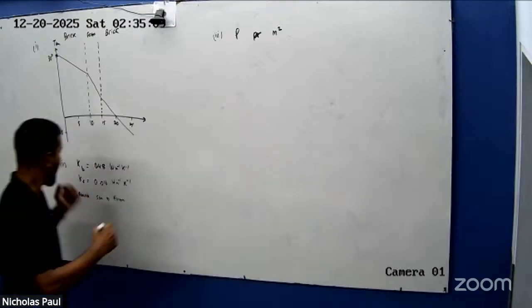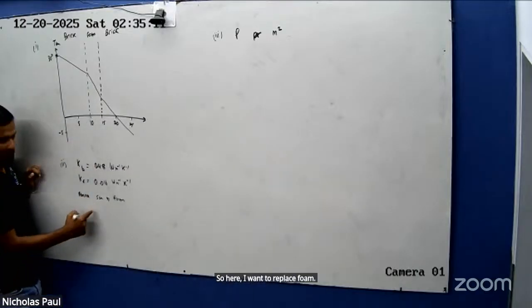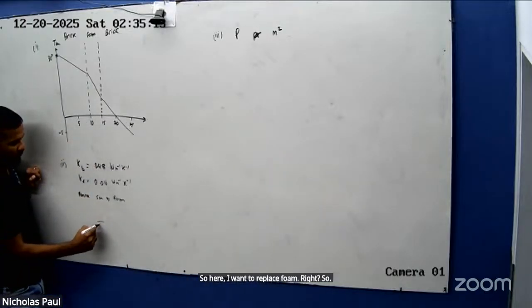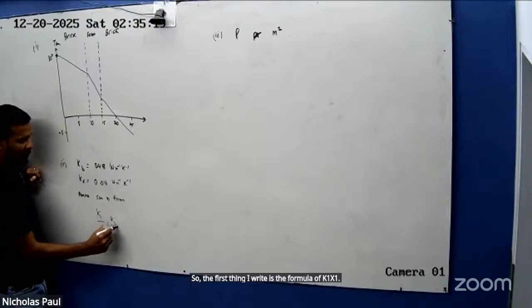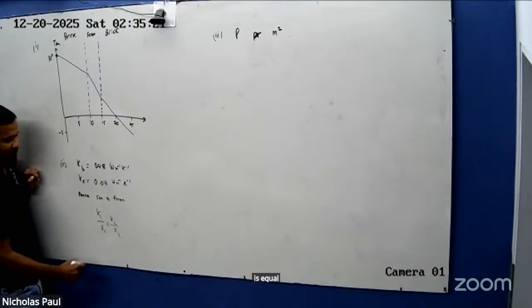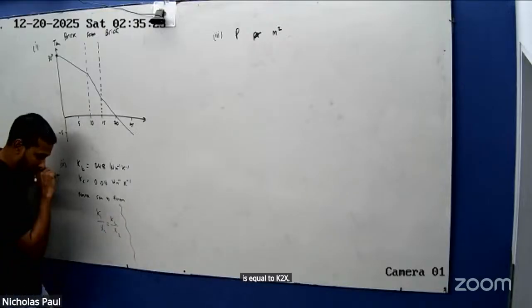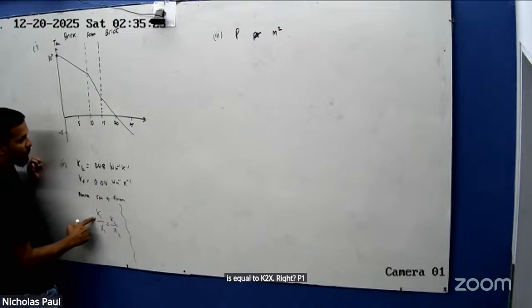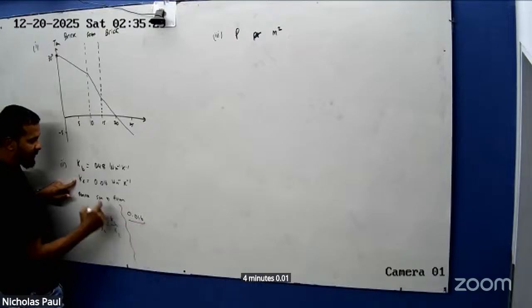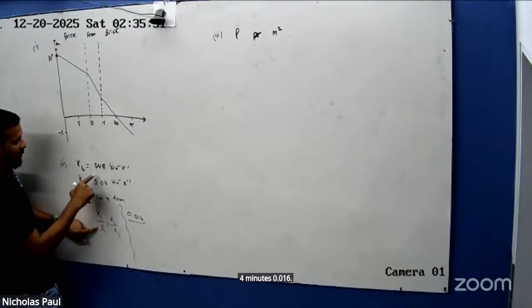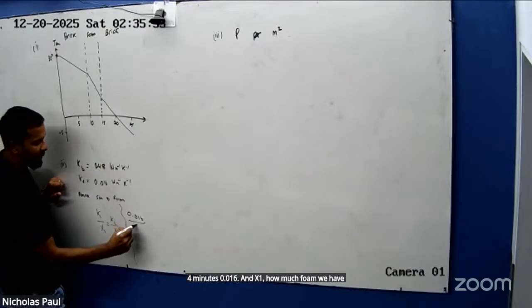So here, I want to replace foam, right? So I want to remove foam. The first thing I write is the formula K1x1 is equal to K2x2. K1 for foam is 0.016, and x1, how much foam we had, is 5 centimeters.